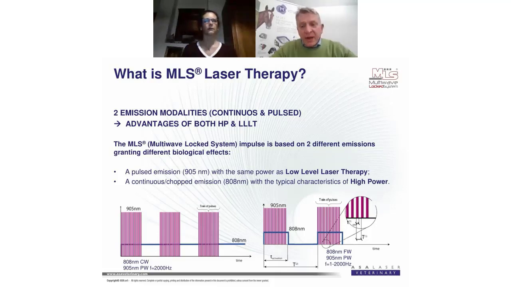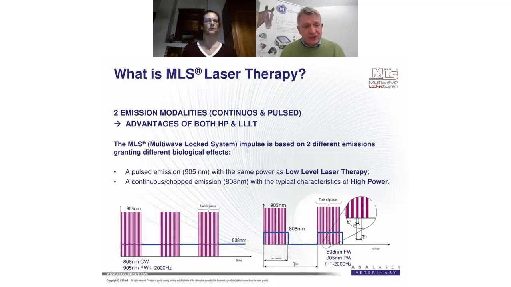When we use CPW, we are in the first modality. So basically, we still have the train of pulses, but the continuous emission is on all the time. Usually, in this modality, we double the energy that we provide, okay?